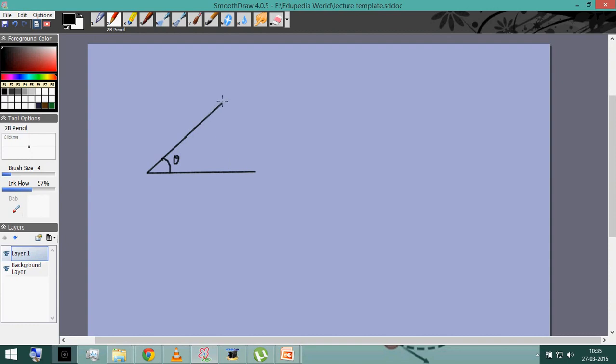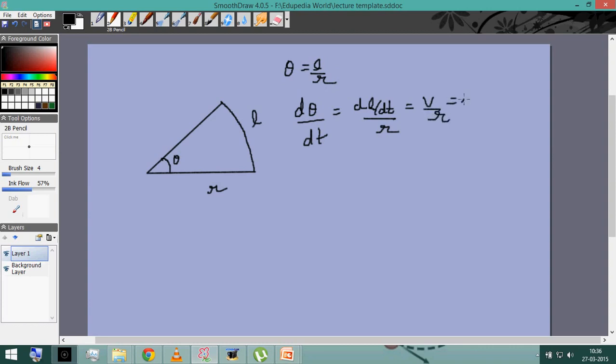If this angle is theta, all we need to do is draw an arc with a constant radius, and if this length is L, theta equals L by R. So d theta by dt equals d of this by dt, and since r is a constant, circular motion radius is constant, so we can write this as dl by dt by r. But dl by dt is nothing but v, so v by r is omega.